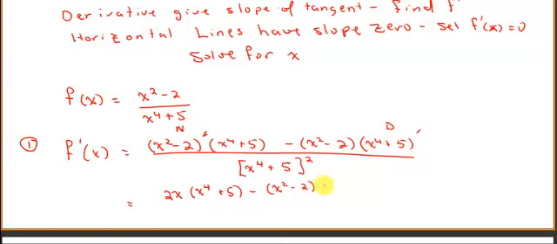The derivative of x to the fourth is 4x to the third. The derivative of 5 is 0. So I have this expression, again, divided by x to the fourth plus 5 squared. Let me copy this expression because I'm going to have to move down to the next page.